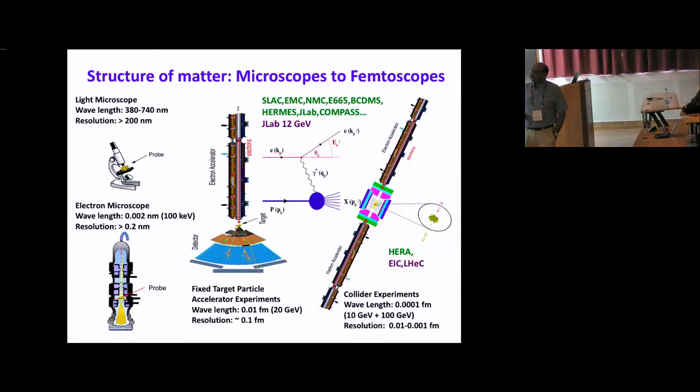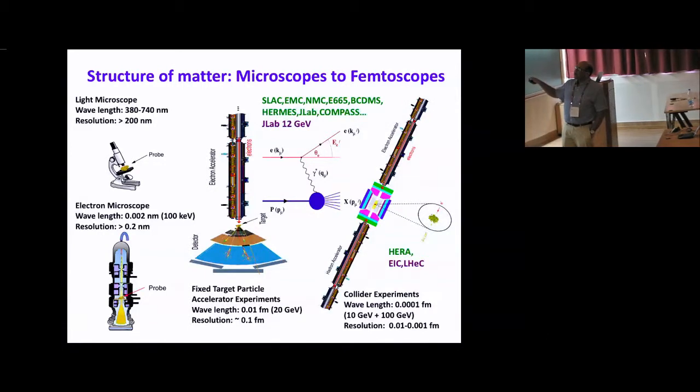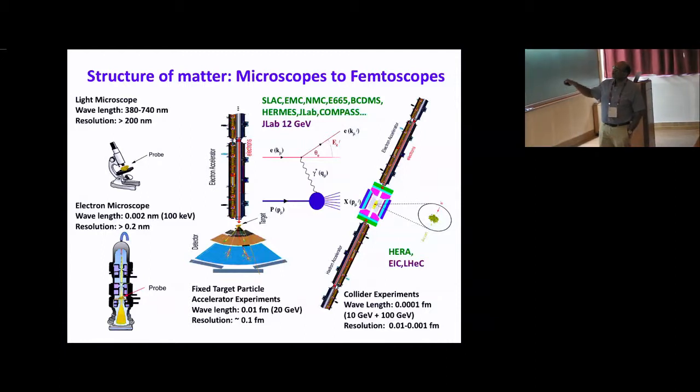Almost unimaginably small distances of about 10 to the minus 17 meters, and similarly small resolutions. And this also resulted in the award of Nobel Prizes. There was a Nobel Prize awarded to Robert Hofstadter at SLAC, and also later to Friedman, Kendall, and Taylor for the discovery of quarks in deep inelastic scattering.